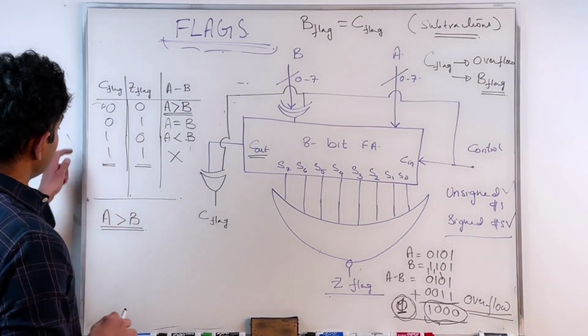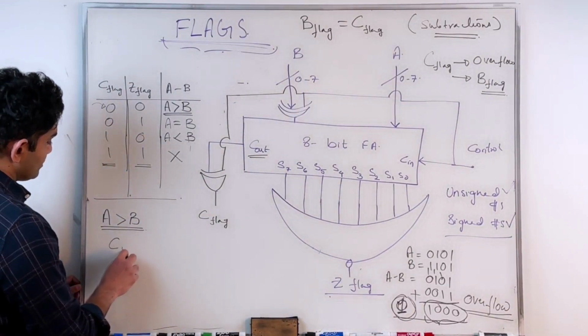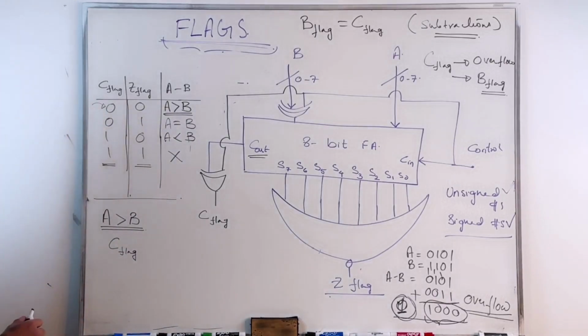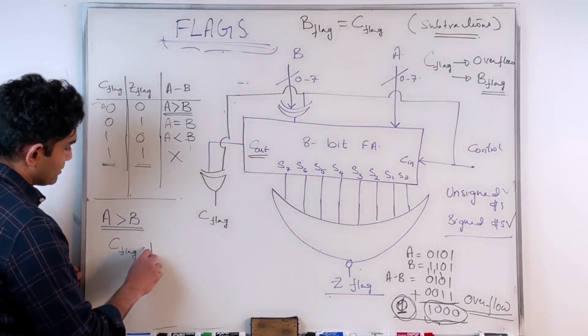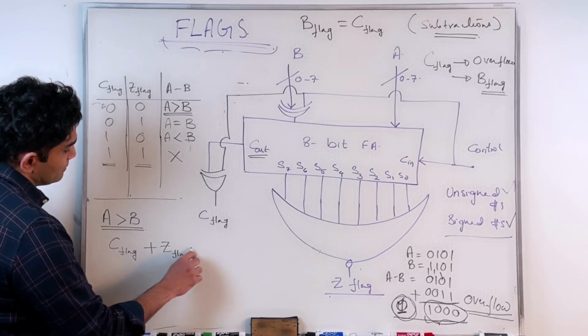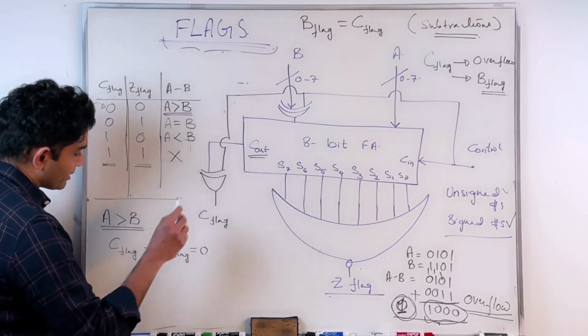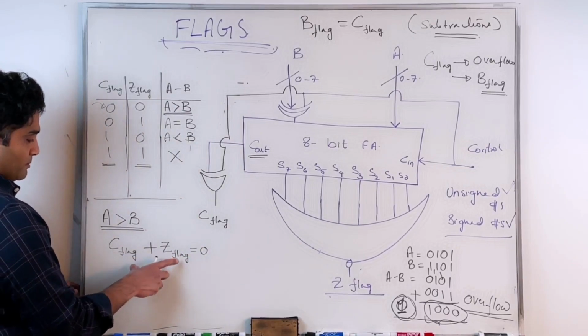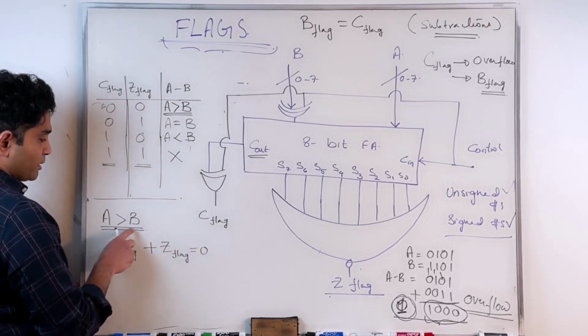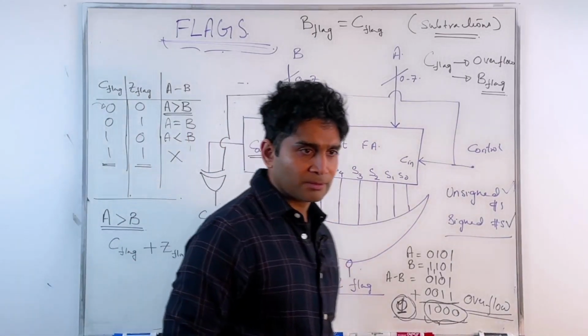A is strictly larger than B, that means my C flag, we'll just look at this expression, plus Z flag equal to 0. If I check for this condition, forcing it to be 0, then A is strictly larger than B. Let's see if that makes sense.